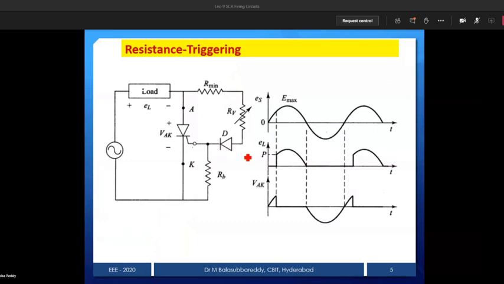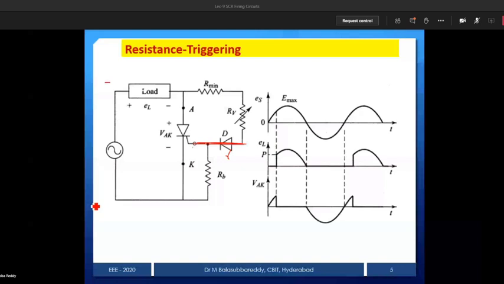Now consider the second case, the diode. Why is the diode used? If the diode is not placed, what will happen? It is fine for the positive half cycle. Consider the negative half cycle with no diode. During the negative half cycle, this end is minus and this end is plus.